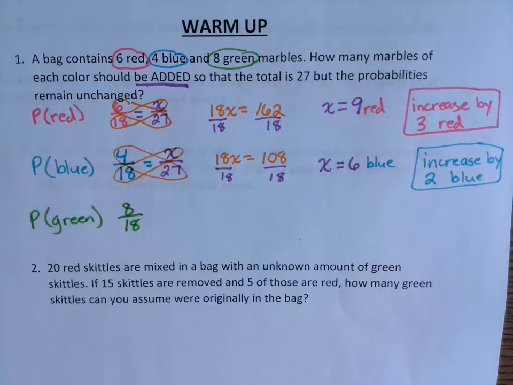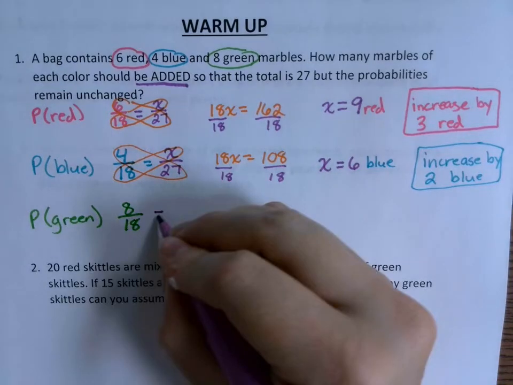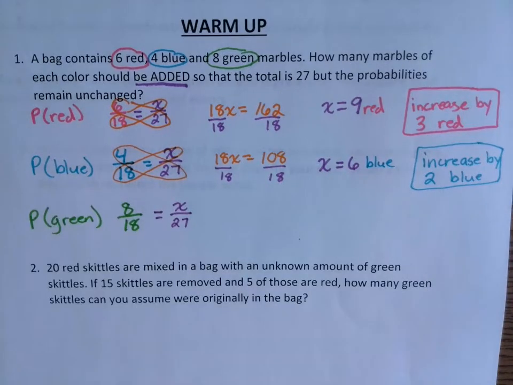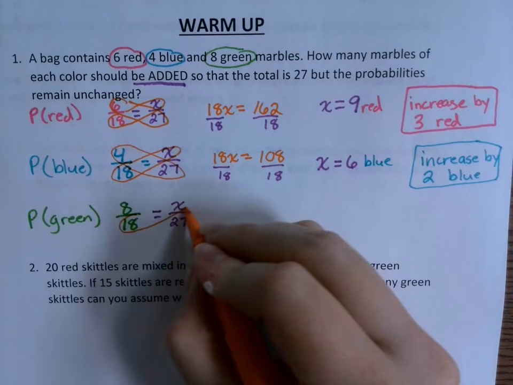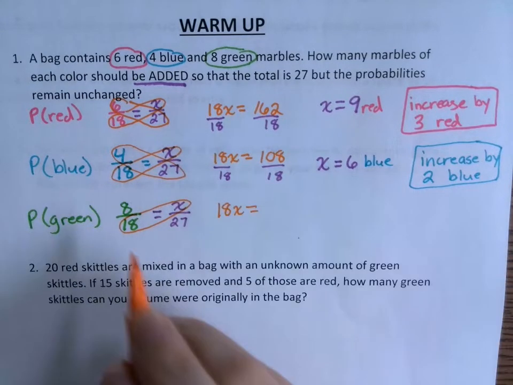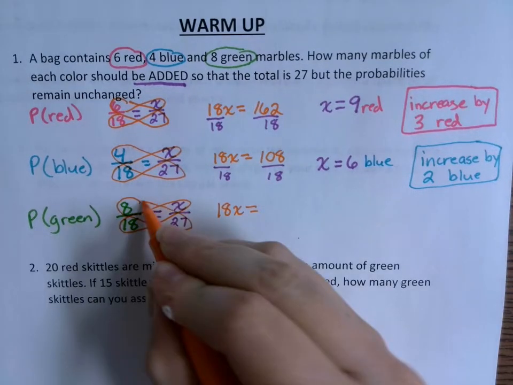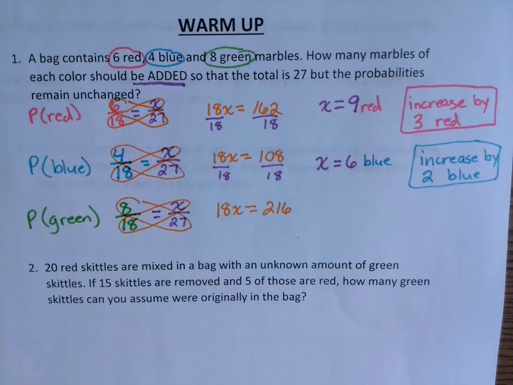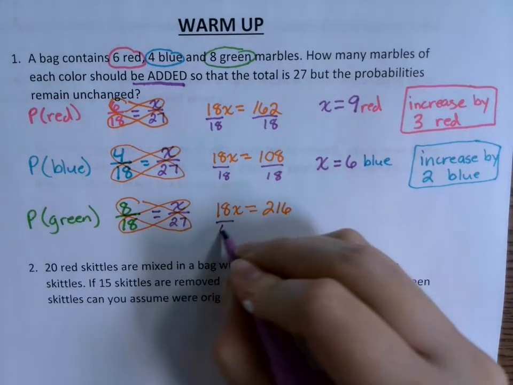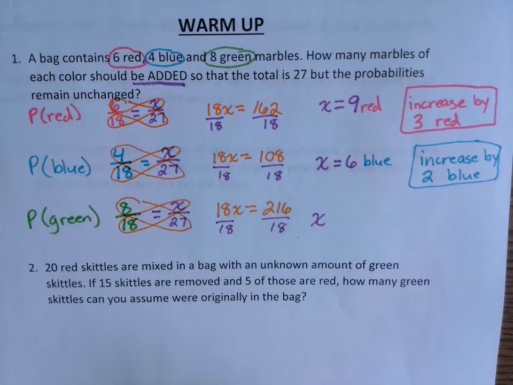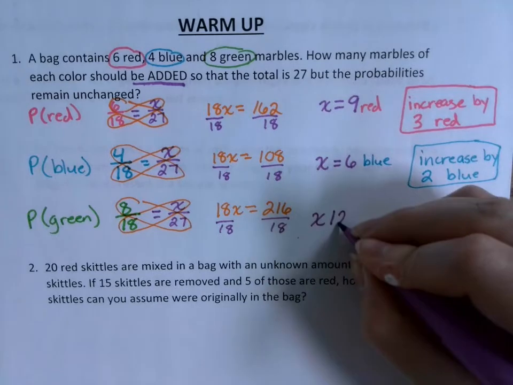We want to know how much out of the 27. So we're going to do 18 times x. And then we're going to do 8 times 27. 8 times 27 comes out to 216. And then we'll divide by 18 on both sides. And then that finds out that x is going to be equal to 12 for our green marbles.